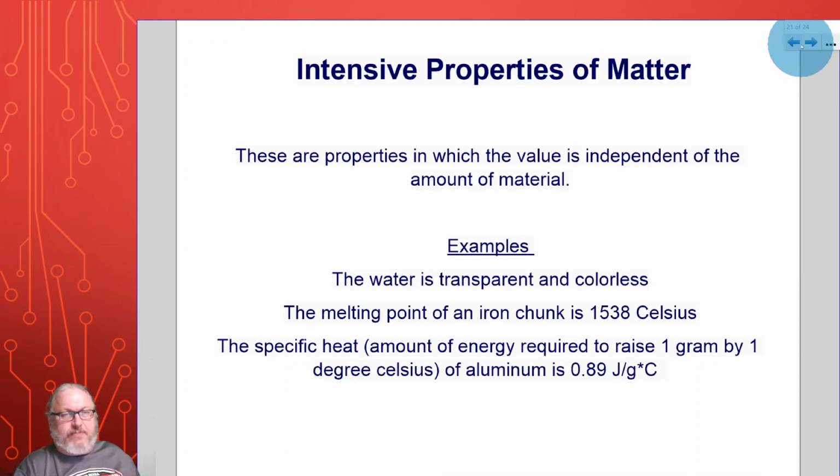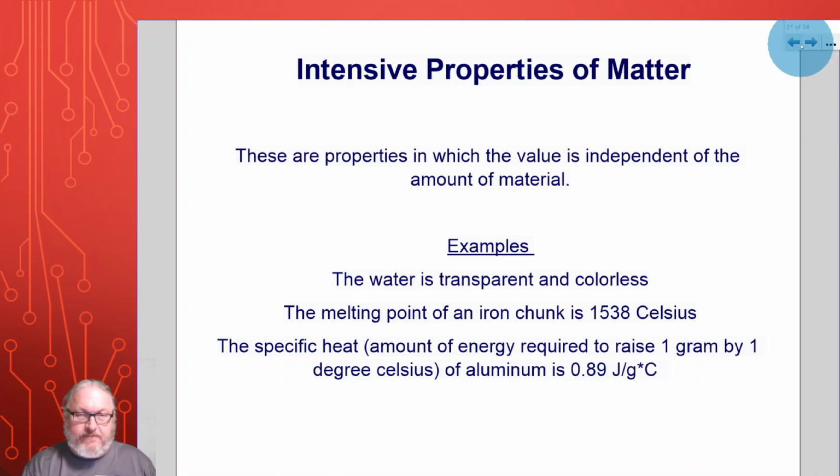Now, intensive properties don't depend on how much of the stuff is there. Water is transparent. It's colorless, or we do call it water white. The melting point, if I have a little chunk of iron, or a big chunk of iron, or a big rock of iron, it's still going to melt at 1538 Celsius.